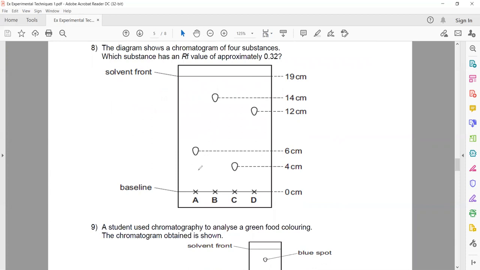For A, it will be 6 divided by 19. For B, it will be 14 divided by 19. For C, it will be 4 divided by 19. And for D, it will be 12 divided by 19. So when we work it out, for A, it comes out as 0.32.